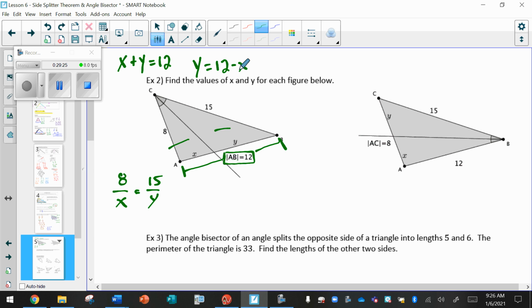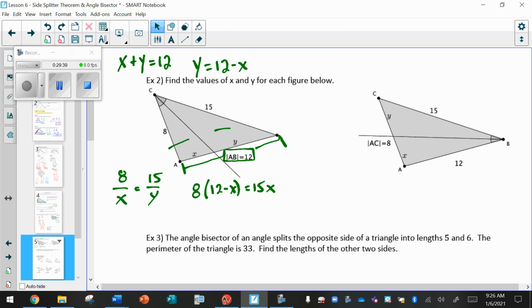So then in my proportion, I can cross multiply. And it'll be 8y, which means 8 times 12 minus x equals 15x. If you feel like you need to see the substitution put into place, then we can do that. I would just write 8 over x equals 15 over 12 minus x.